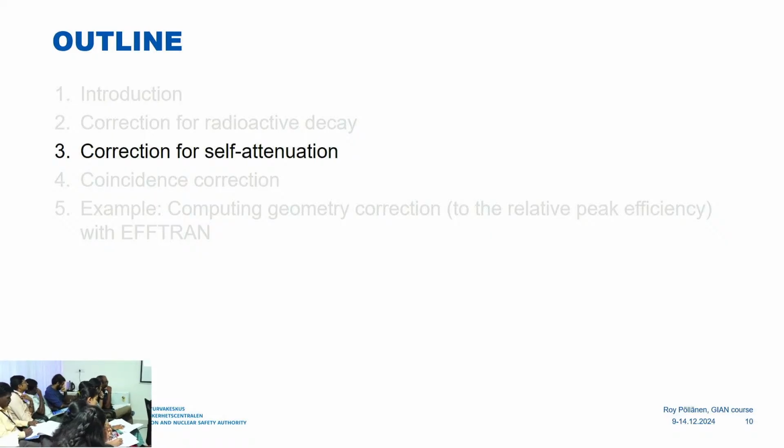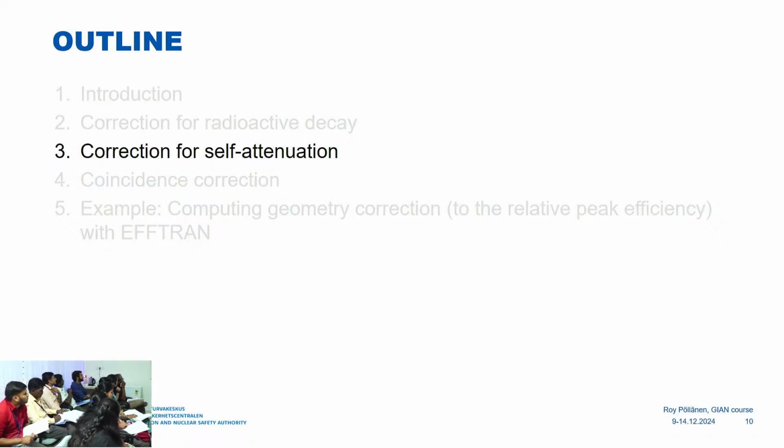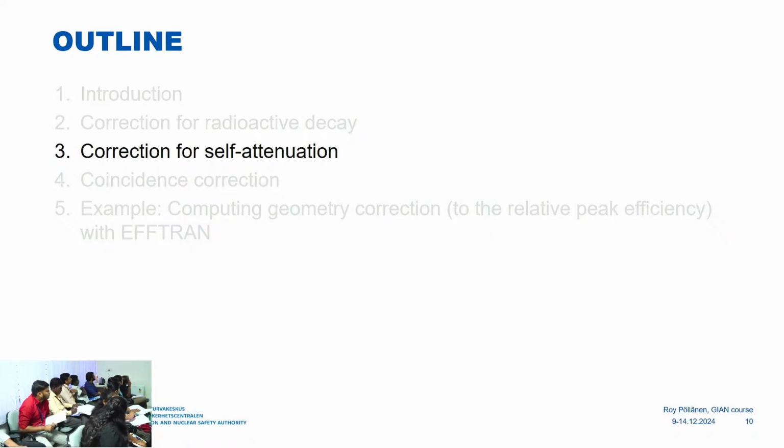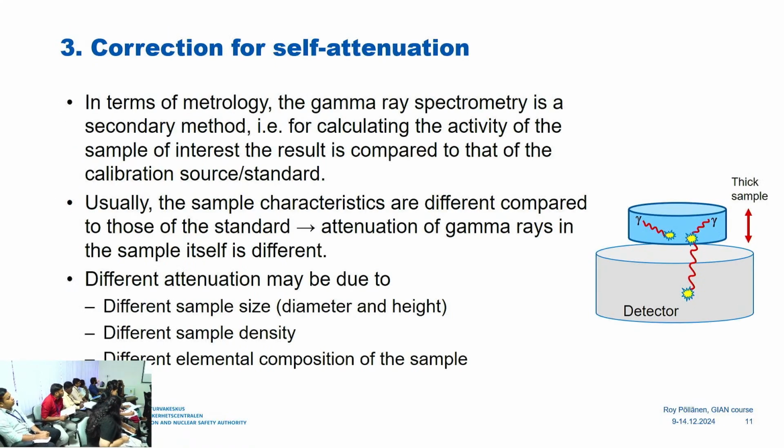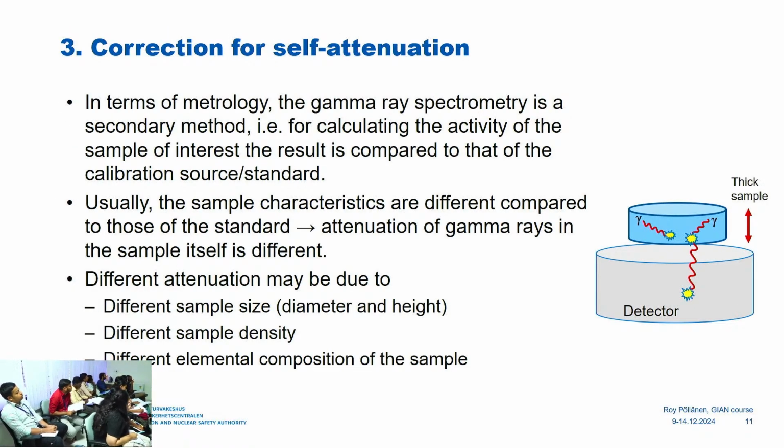Let's look at the correction for self-attenuation. So in terms of metrology, the gamma ray spectrometry is a secondary method, which means that calculating the activity of the sample of interest, the result is compared to that of the calibration, so calibration standard.